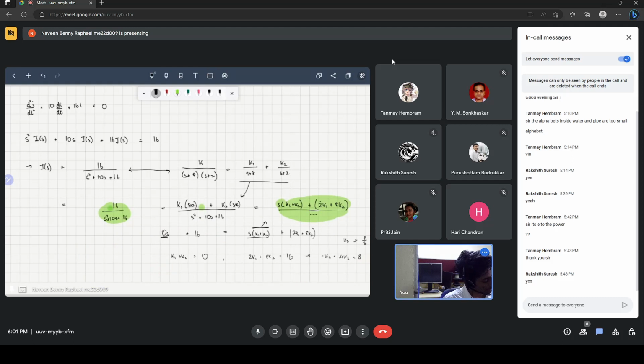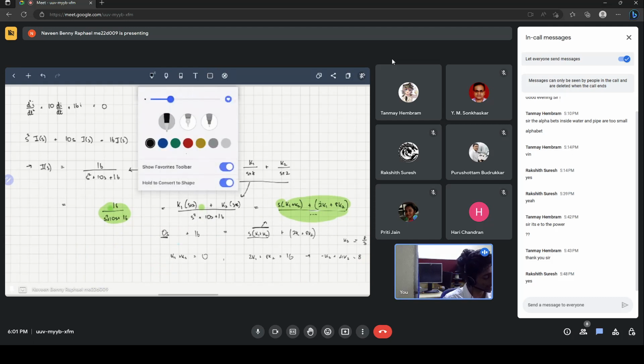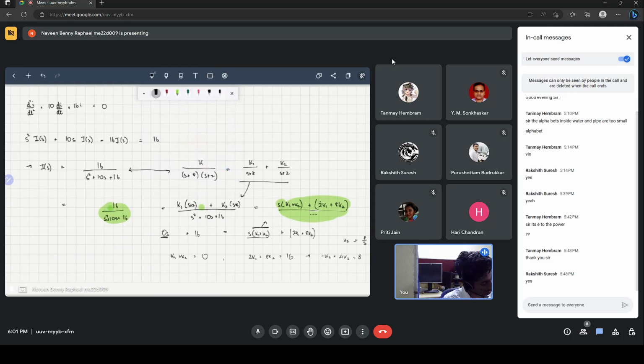So that means the partial fraction decomposition of this is: k1 is minus 8 by 3 into 1 by (s plus 8), and k2 is 8 by 3 into 1 by (s plus 2).